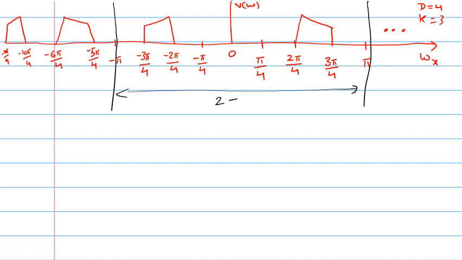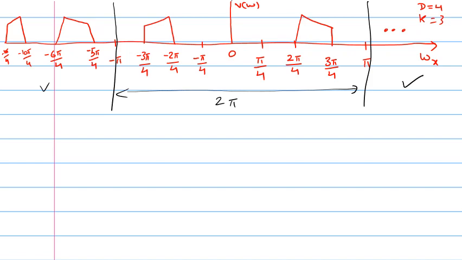The same block will be repeating, the same spectrum will be repeating from minus 3 pi to minus pi, as well as from pi to 3 pi, and so on. So that's the spectrum.